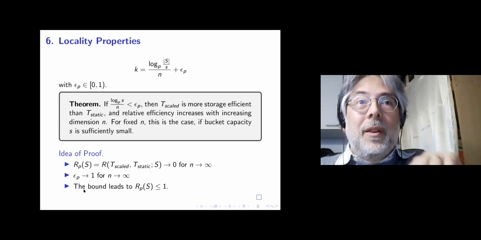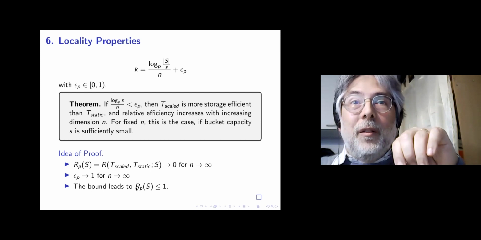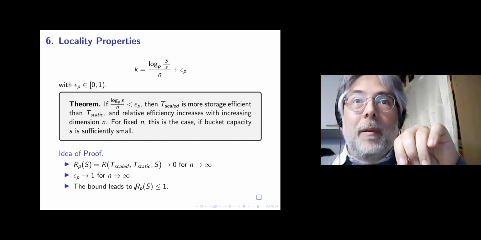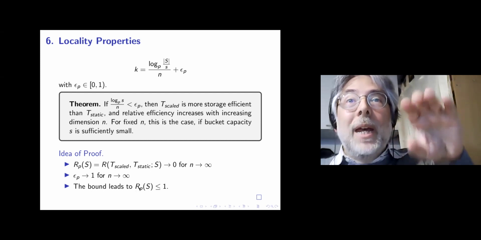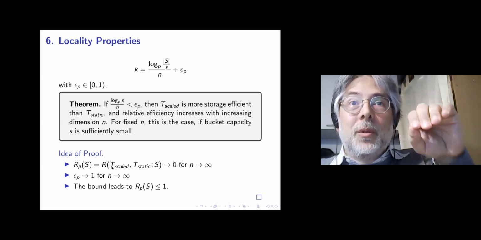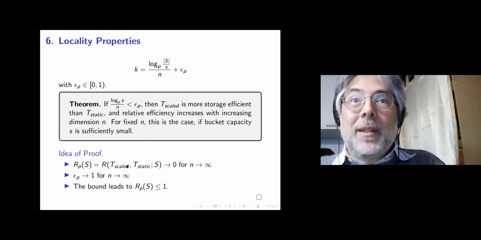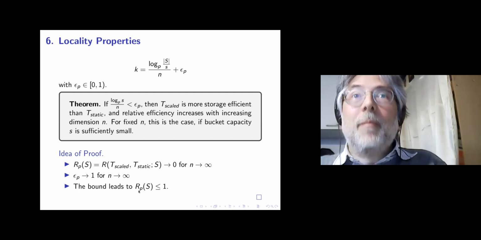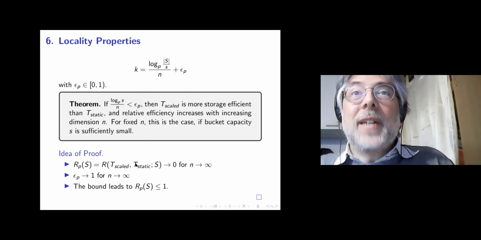That means that this ratio can be made less than or equal to 1, so the scaled tree is more storage efficient than the static tree.